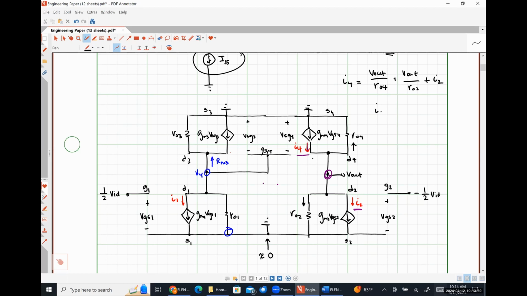So that looks like I4 minus I2 is equal to V out times 1 over R02 plus 1 over R04, which is the same thing as V out times R02 in parallel with R04 inverse, or V out is equal to I4 minus I2 times R02 in parallel with R04, which is literally the exact same result. So you're 100% right, I drew it poorly and explained it poorly, but the result is the same.